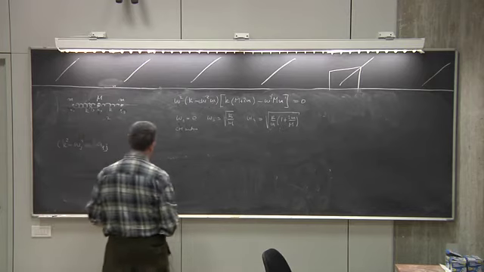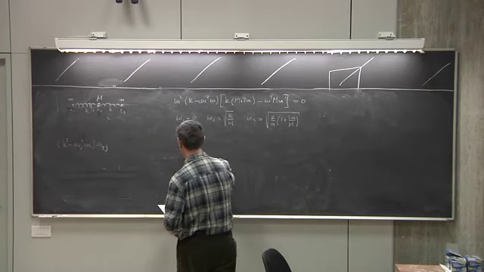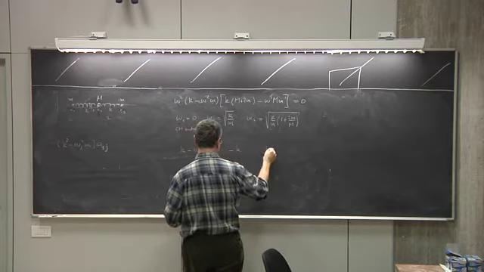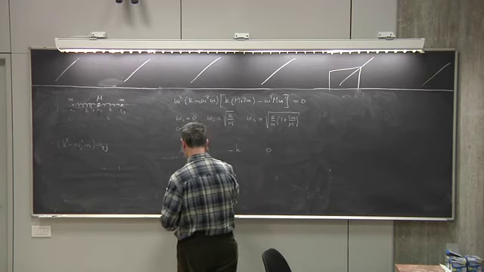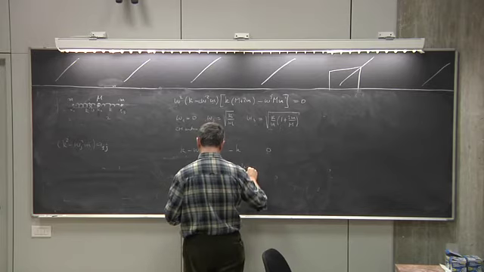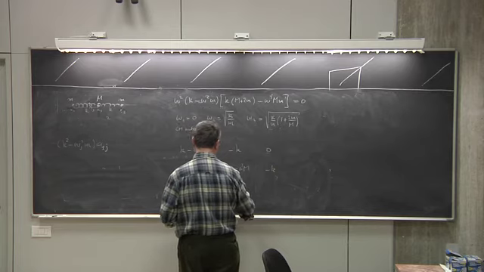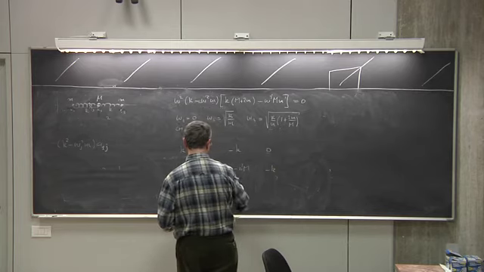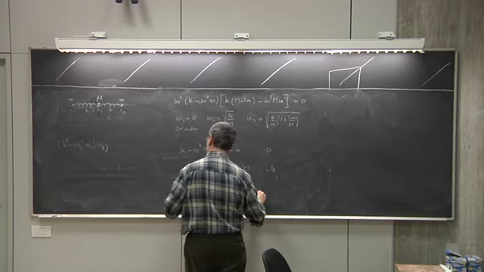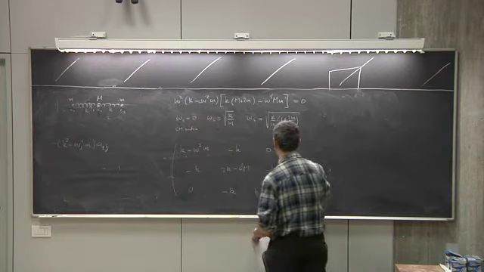So I multiply, well, maybe I shouldn't have erased this. I had this matrix: 0, minus k, 2k minus omega square big M, minus k, 0, minus k, k minus omega square m. How do I find the eigenvectors?